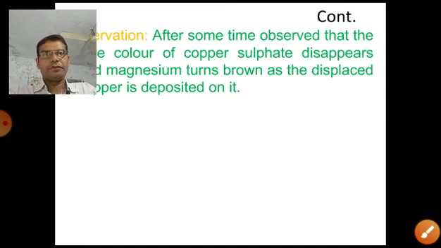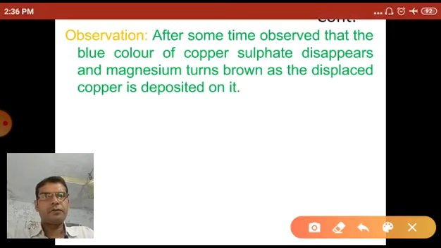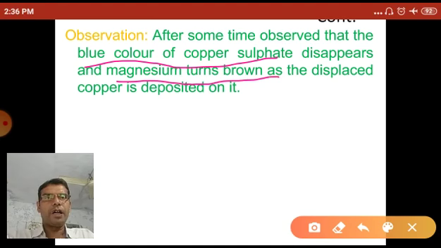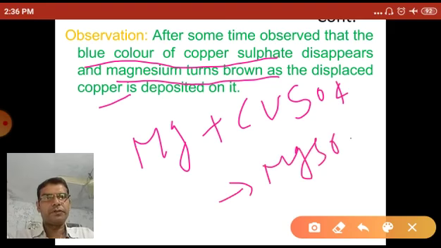So, observation. What happened? After some time, we observe that the blue color of copper sulfate disappears and the magnesium turns brown, as the displaced copper is deposited on it. So the magnesium displaces the copper from copper sulfate and forms magnesium sulfate.